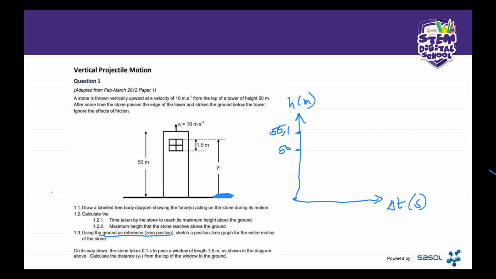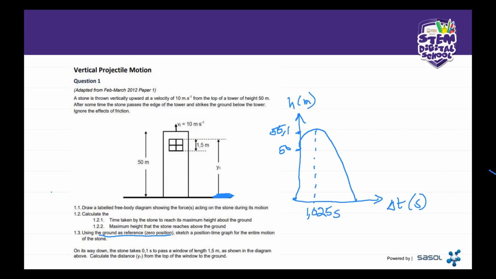Okay, so what are we going to do? We're going to draw it from there because that's where our stone was thrown from, and then it's going to go up, up, up, up, and down. Okay, and then here we're going to have our maximum time, which is 1.025 seconds.